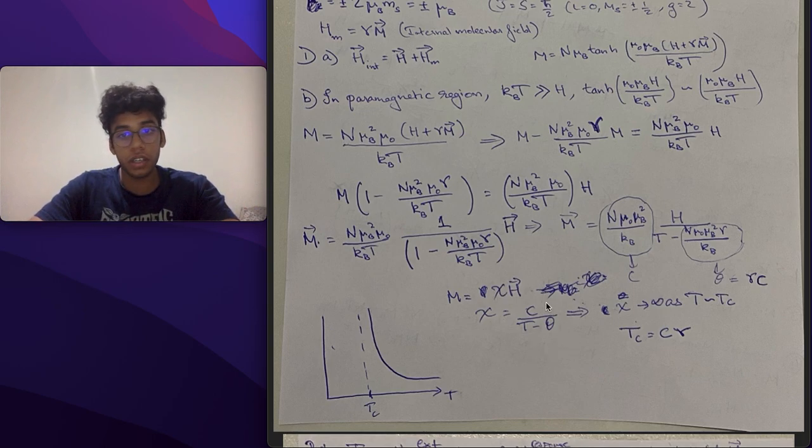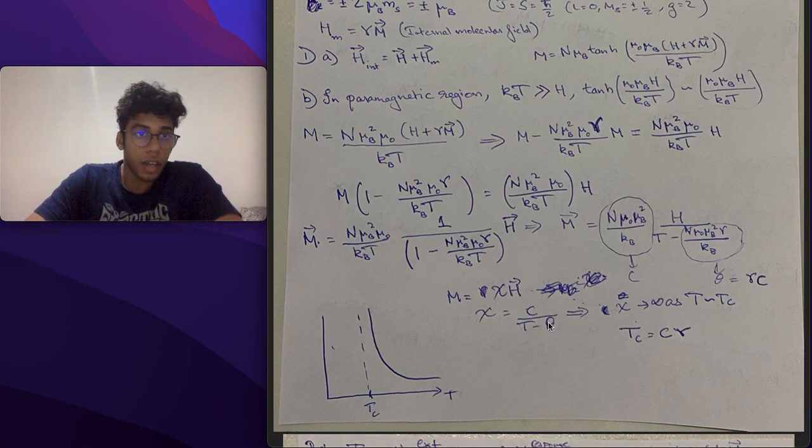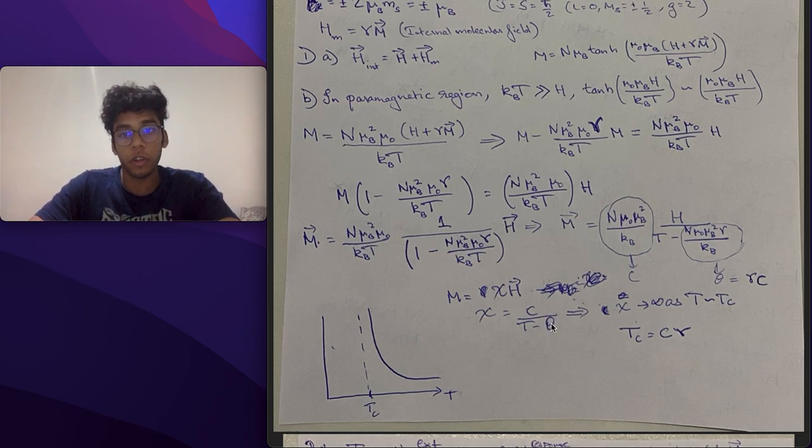And this critical temperature is given by theta, which we see has the units of temperature, right? So basically chi is given by C by T minus theta, and H is out there. And your critical temperature is defined as C gamma, right? Which is this whole thing.